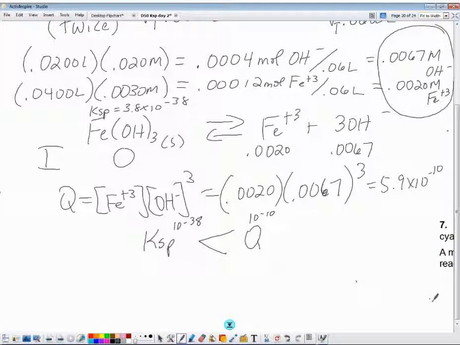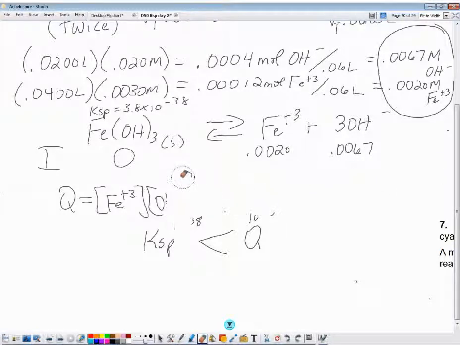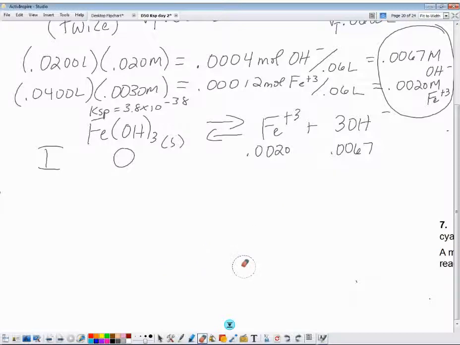So let's show, we're not going to solve, I promise we'll never solve. But let's show what that ICE chart would look like. So in order for me to do that, I got to grab an eraser, just take this away. Okay, so here's our ICE chart. We've determined that it's going to shift left. So let's do the C and then the E. Ready?